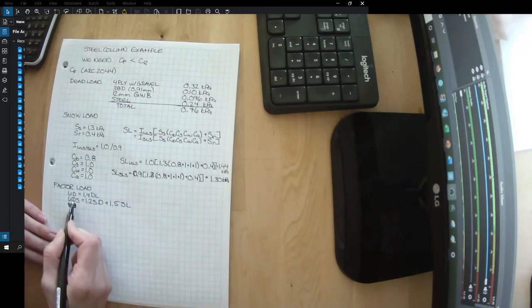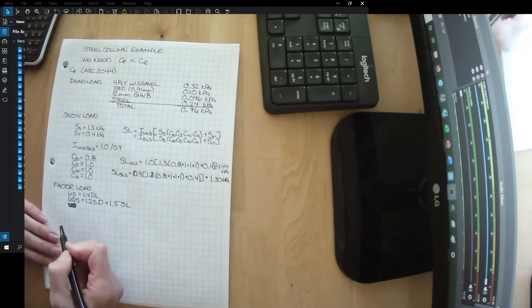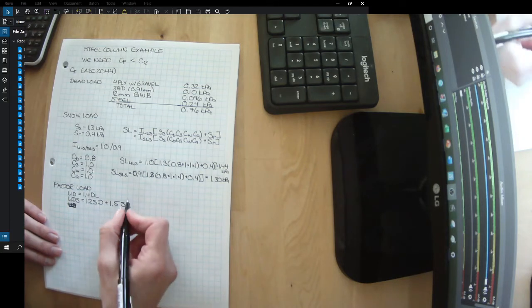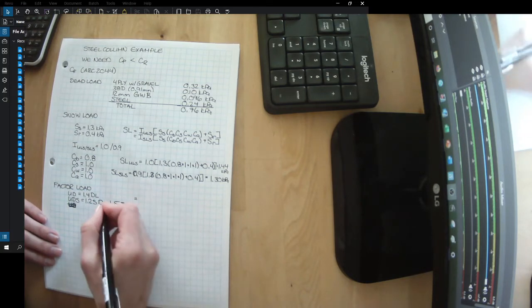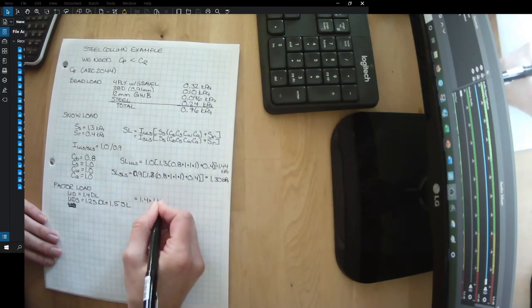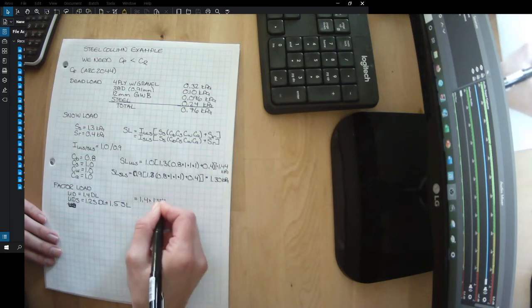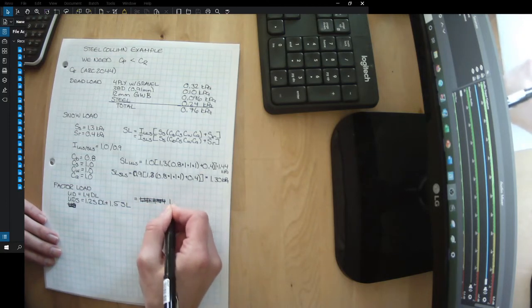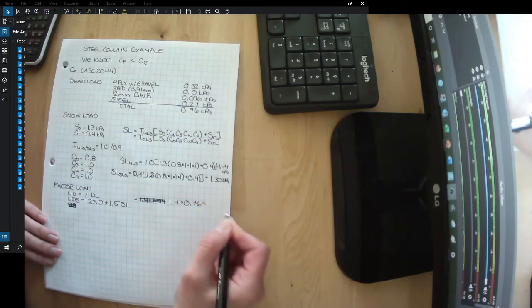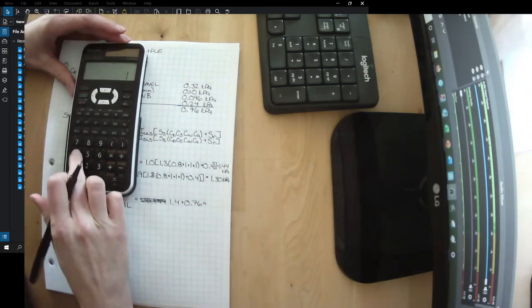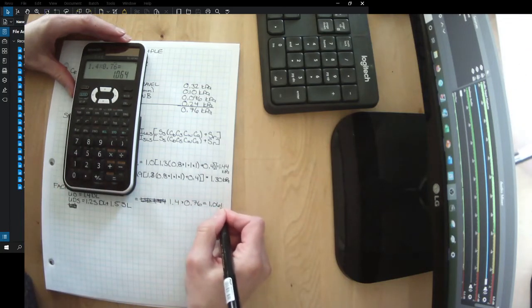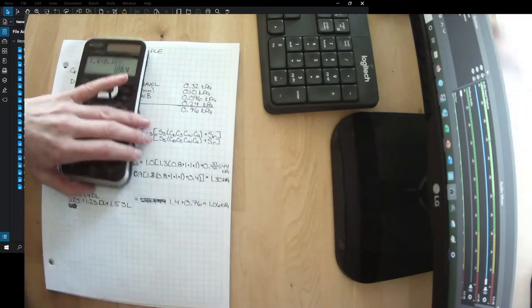So our ultimate dead and snow load case is 1.25 dead plus 1.5 times our snow load. So we've got 1.4 times our 0.76. So 1.4 times 0.76 equals 1.06 kPa.